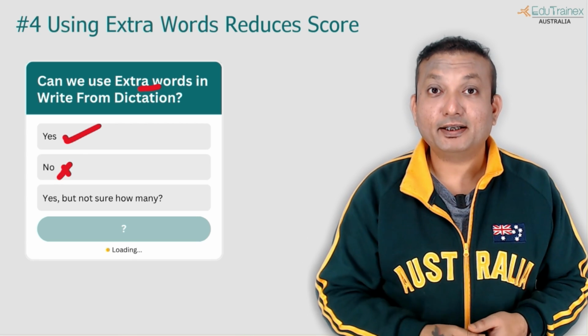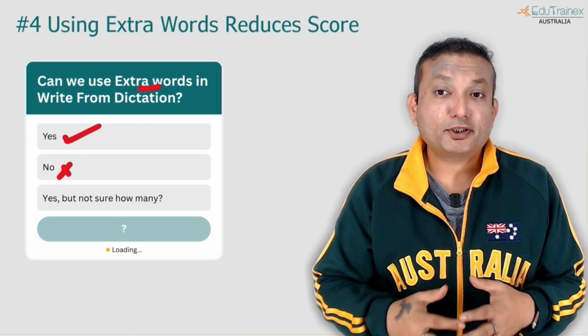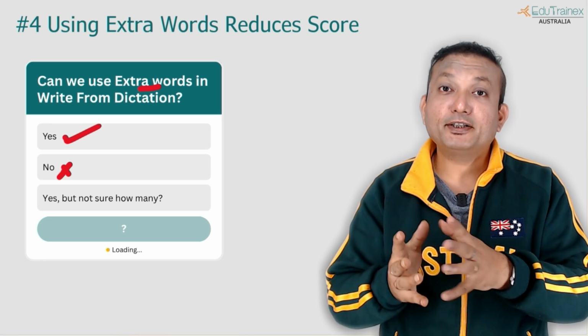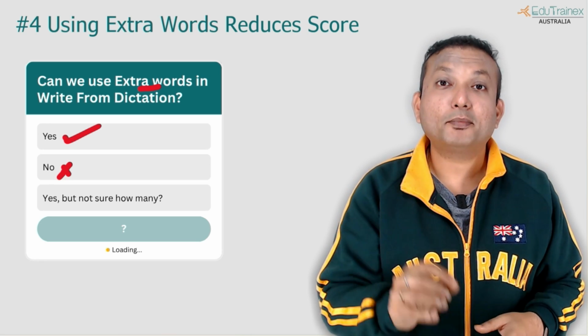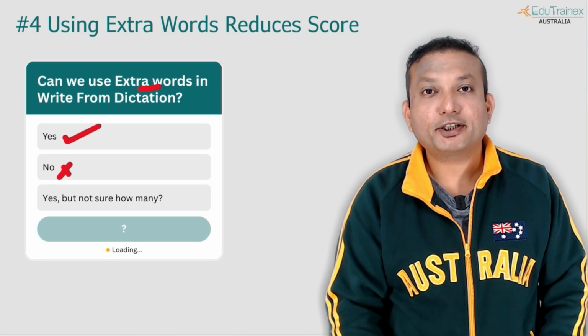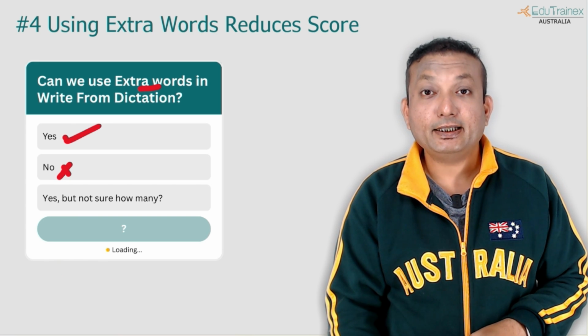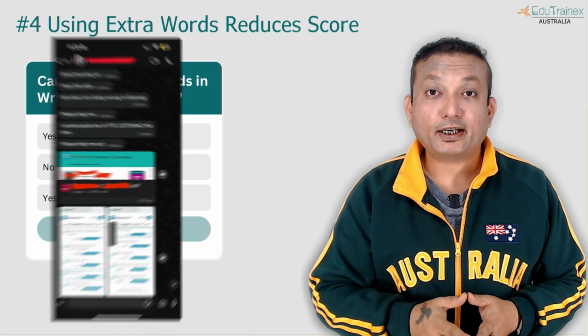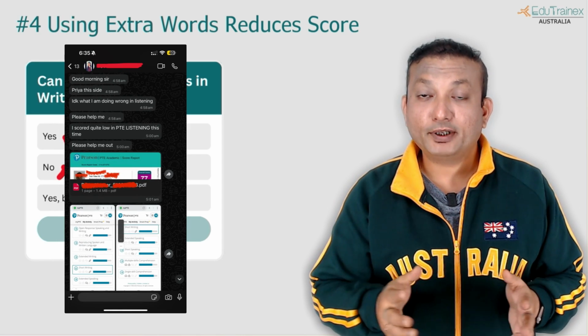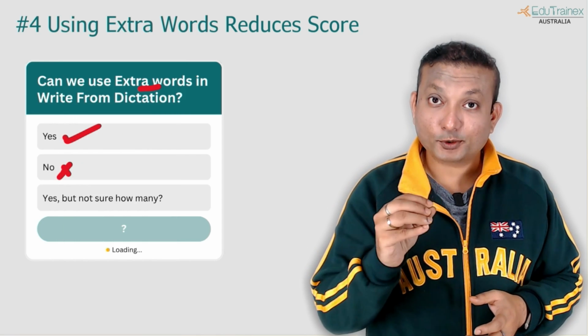You don't know what exactly is happening or how it is judged, because some channels just give the evidence of students saying, yes, I used extra words, but they are not telling you the logic behind it. So, you can see one chat which I had with a student of mine very recently, and you can see he has also used extra words.